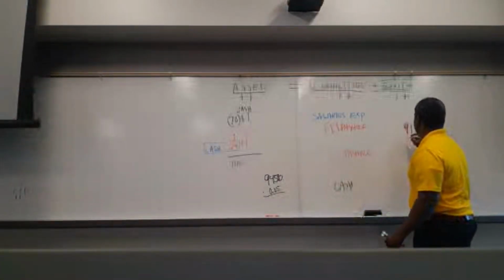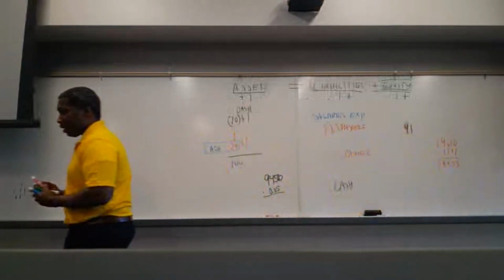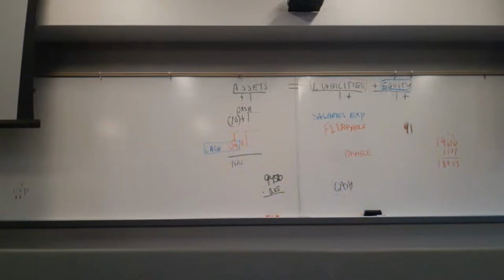So this is what we have here, $91. We also have given to us our FICA amount. Now, the way that you do that is $7.65. So that's one that we have to compute. And when we compute it, it's going to come out to be $67.47.